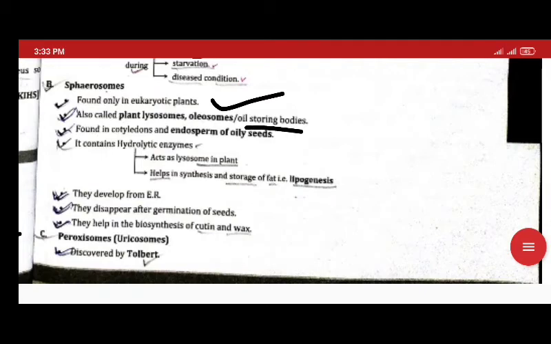Now spherosomes are for oil storing, so they are called oil storing bodies and are present in the endosperm of oil seeds.